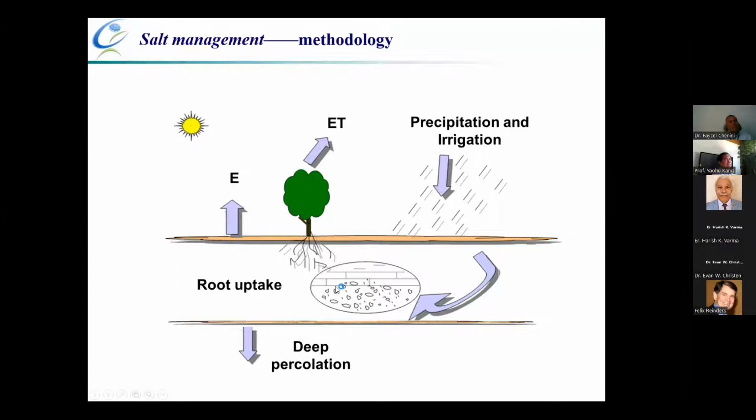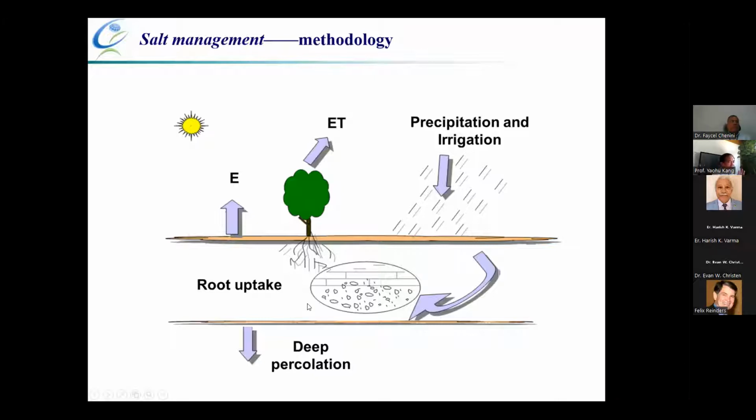And that is usually what we set as the field capacity, the maximum soil moisture content. Another part is the water that is more than the soil field capacity.